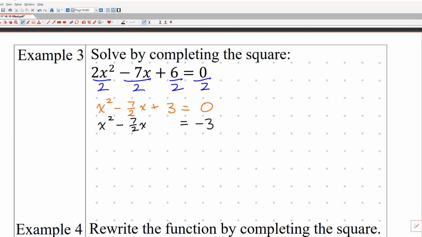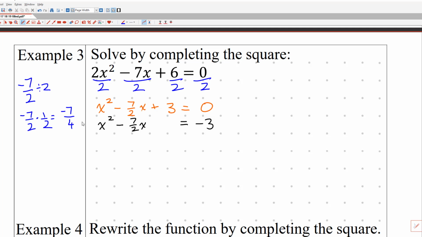And if you want to do some side math, dividing -7/2 by 2 is really saying -7/2 times 1/2, because keep it, change it, flip it. When I multiply the tops, -7 times 1 is -7, and 2 times 2 is 4. So -7/2 divided by 2 is -7/4. So that is half of the b term.